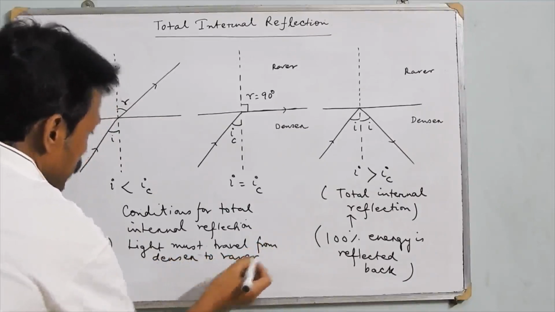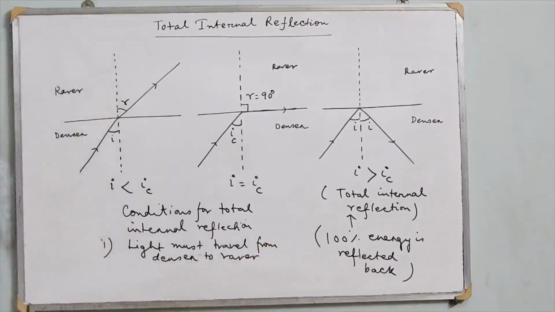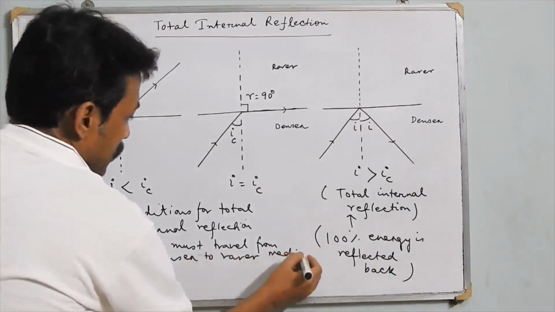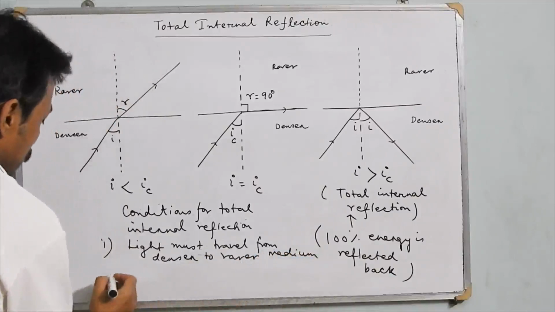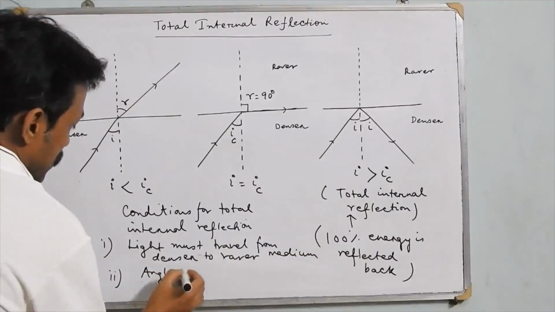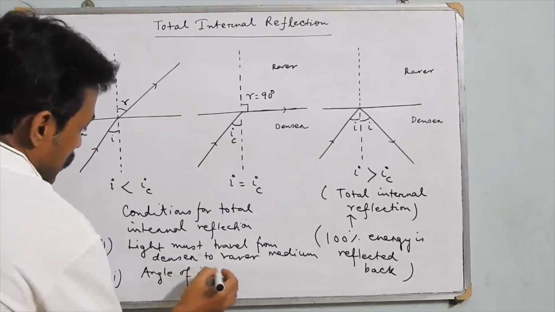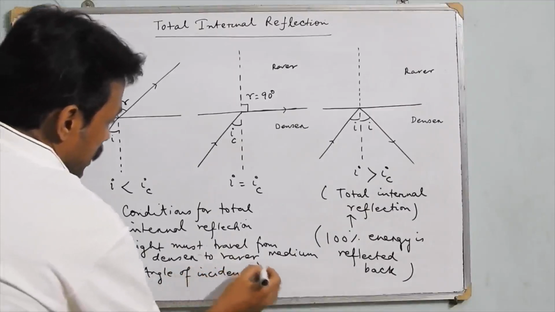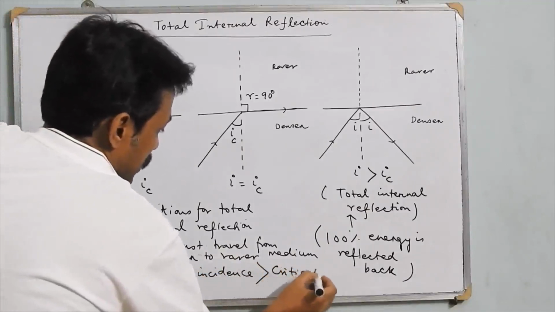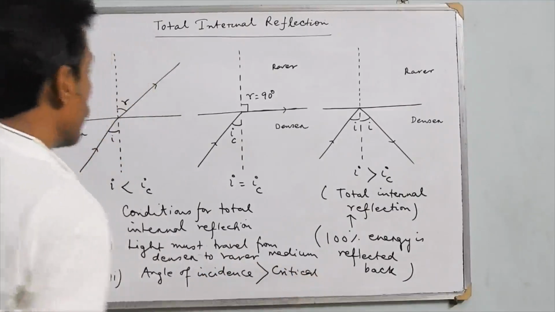And second, the angle of incidence must be greater than the critical angle. Now this critical angle is always defined for a pair of medium.